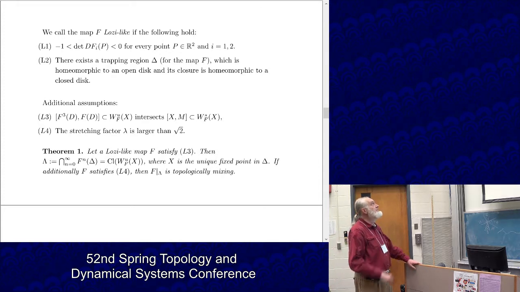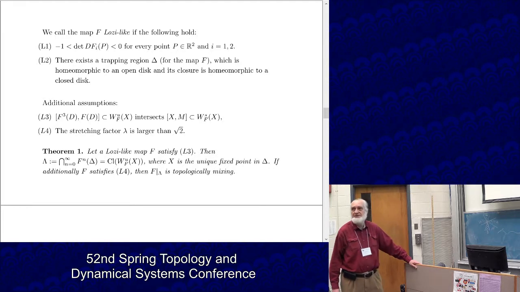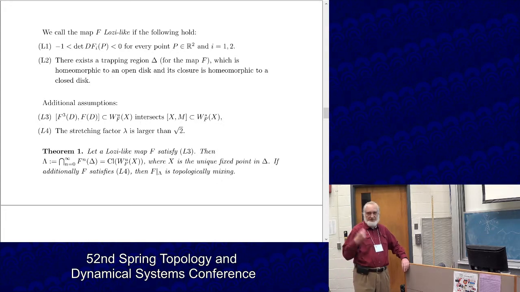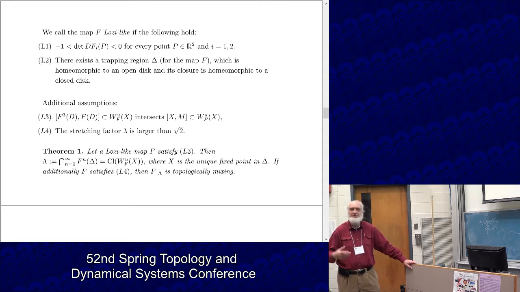So there is this tracking region delta, and we assume it's homeomorphic to an open disk, and its closure is homeomorphic to a closed disk. So it's mapped by F into its interior. Now, of course, for the lossy map, for those values of parameters, I showed you such a tracking region exists, and you have to prove it.